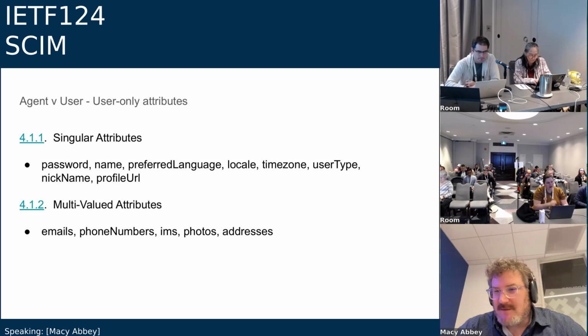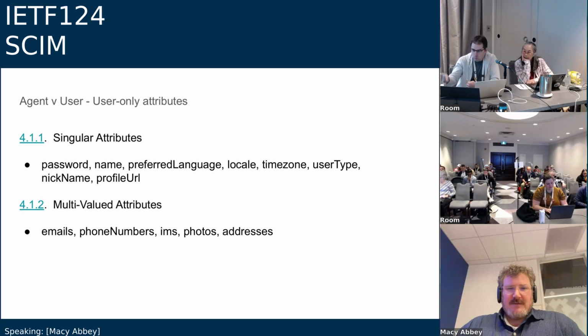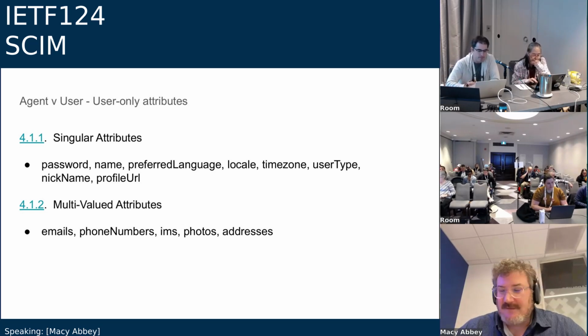And then profile URL, while I think there are URLs that are relevant for agents, profile and the intent for user didn't seem appropriate. And then the multi-valued attributes, emails, phone numbers, IMs, photos, addresses in the real world all seemed non-applicable to agents, which are at the end of the day machines.